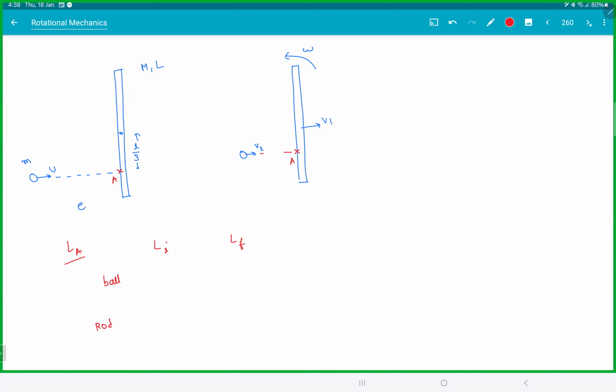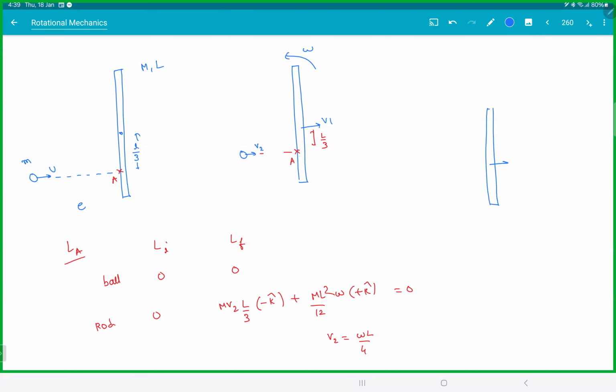Write it in detail every time so that you don't goof up; even if there's a mistake, you'll know where it happened. Ball is initially zero, finally zero, rod zero. There is one more best part: I just need to calculate for the rod. m V2 L/3 in the direction minus k cap, plus m L square by 12 omega k cap. This should also be zero. So we will get V2 equal to omega L/4. Right? You got it.